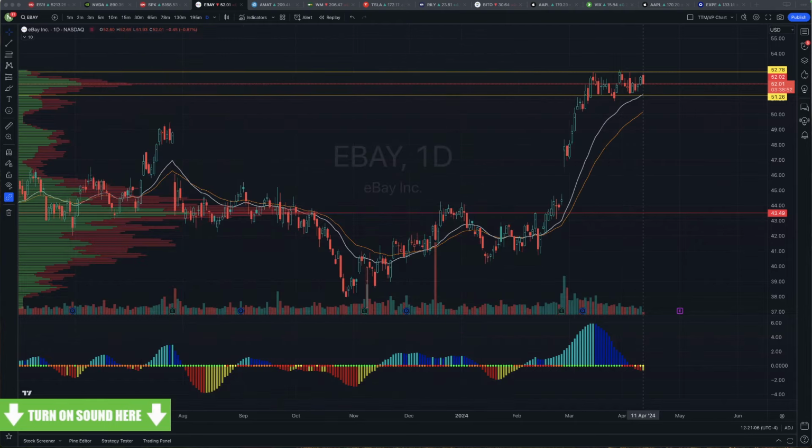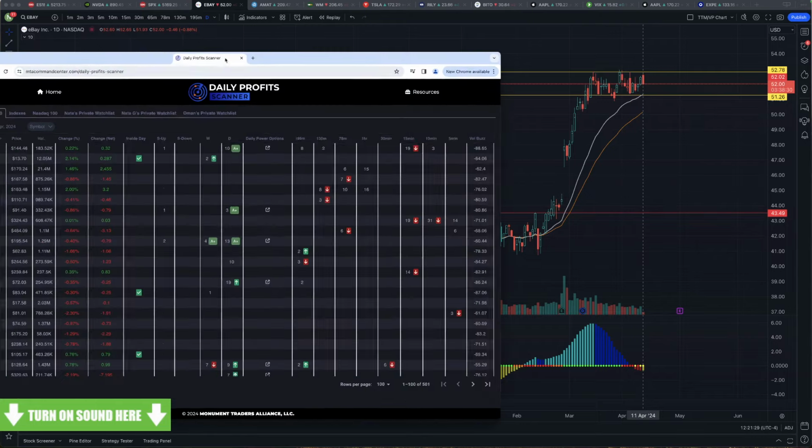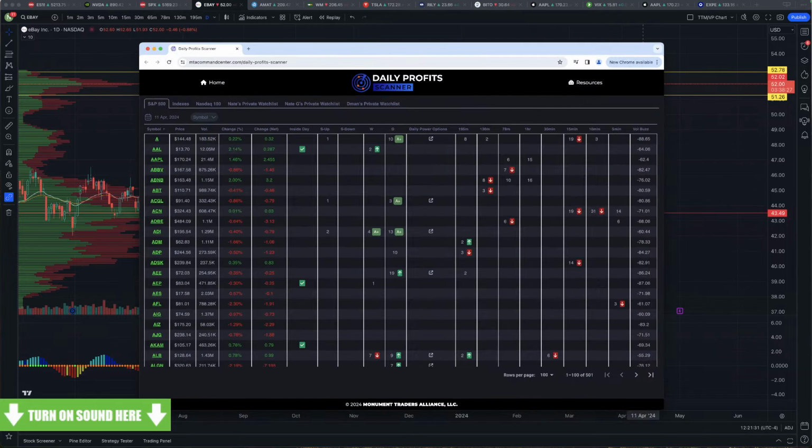Lottos are much more risky, right? They have a lot of additional risk in them. And then finally, we have a tool here that we use that you can get, which is called SAM. And SAM helps us find trades that are in a squeeze.